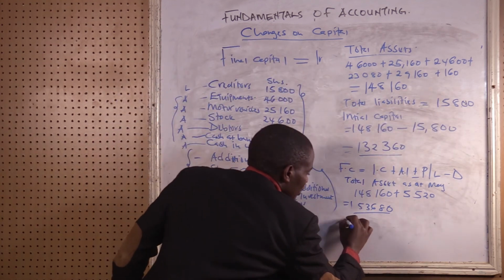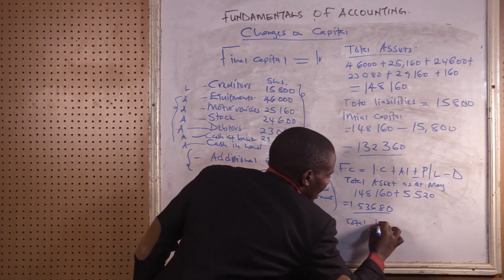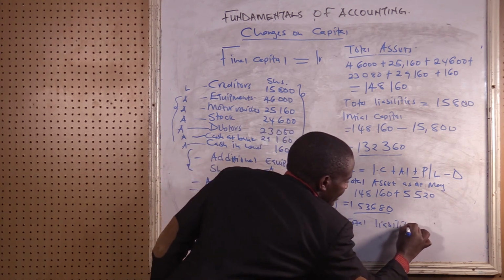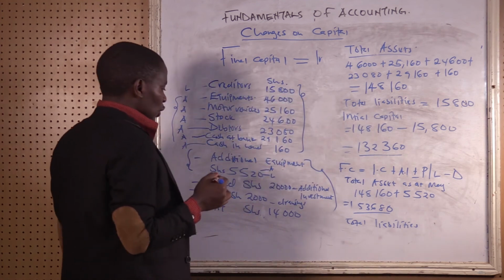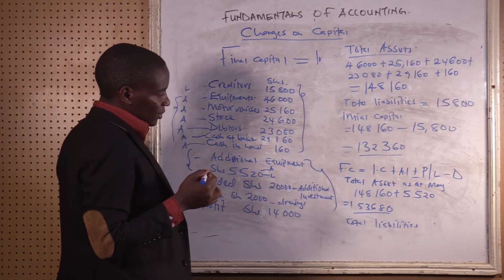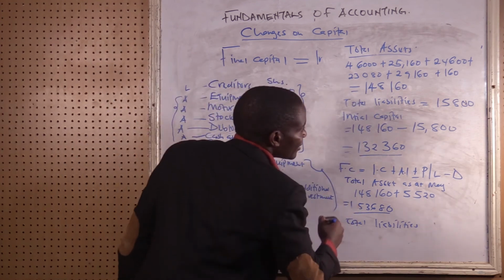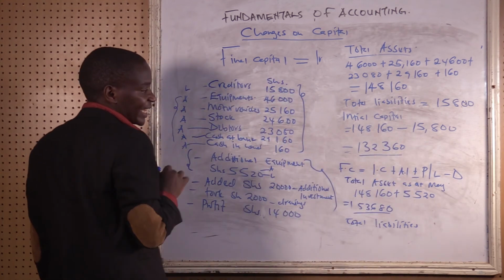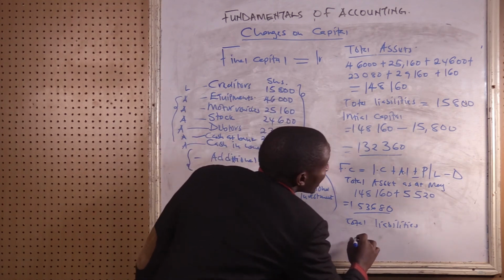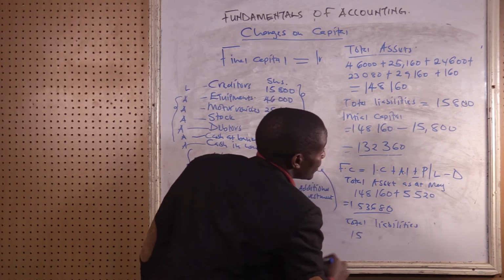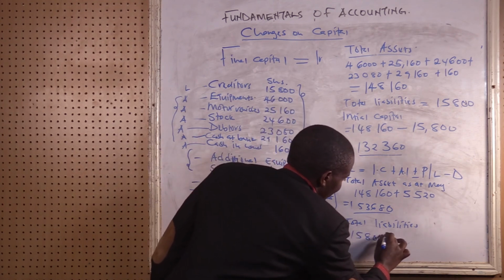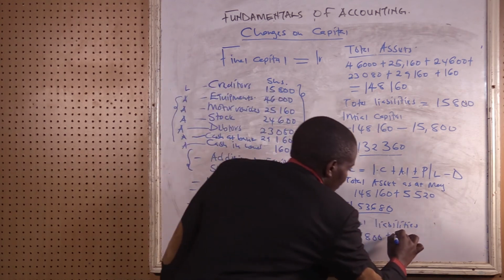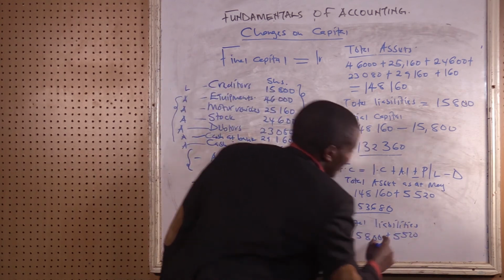So we can have total liabilities. We shall change by the same amount because we have created a creditor. So we shall have 15,800 plus 5,520.